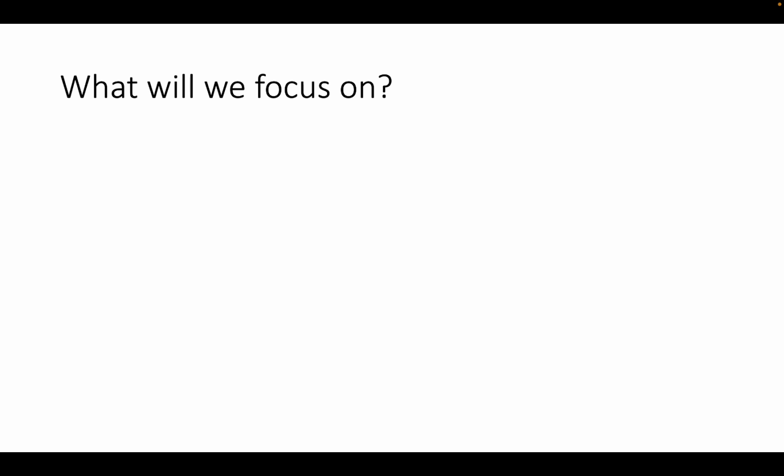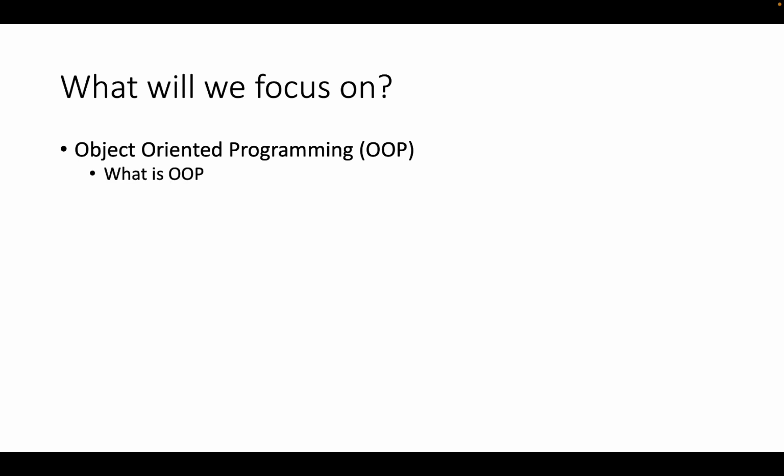But in this course, we will be focusing on a very important topic, which is really interesting in many programming languages, and that's object-oriented programming, or OOP. What I'm going to do is tell you what object-oriented programming is and see some examples of it in Python, right?